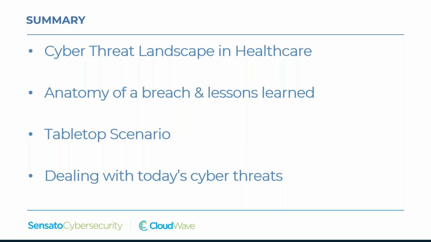And lastly, dealing with today's cyber threats. Try to identify things that you can do proactively to be prepared. Remember, Jonathan had indicated 67% of facilities have experienced some sort of cyber incursion or attack. If you haven't been attacked, someone else on this call may have been attacked twice.